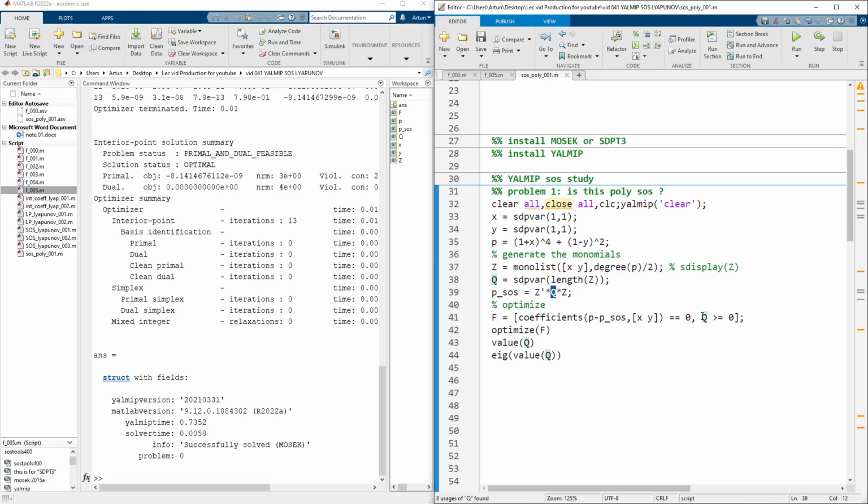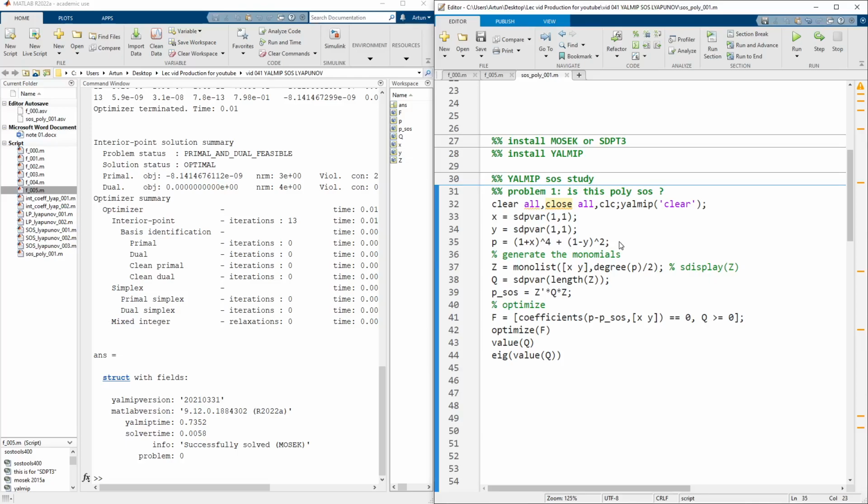and Q is a symmetric, semi-positive definite matrix. What does all that mean? It means that this P polynomial is a sum of squares polynomial. You can consider this P polynomial semi-positive definite, because for some x and y it can take 0.